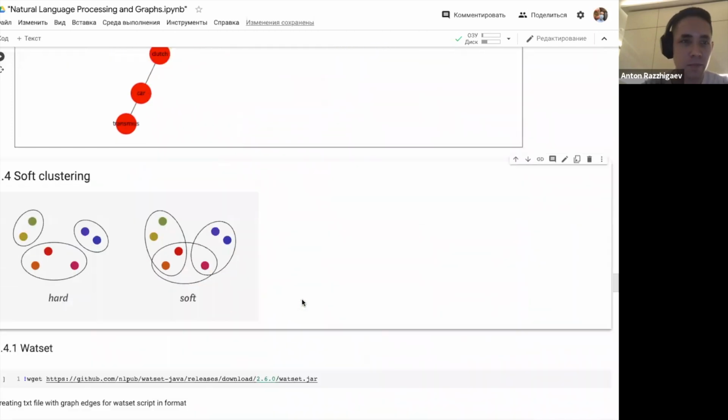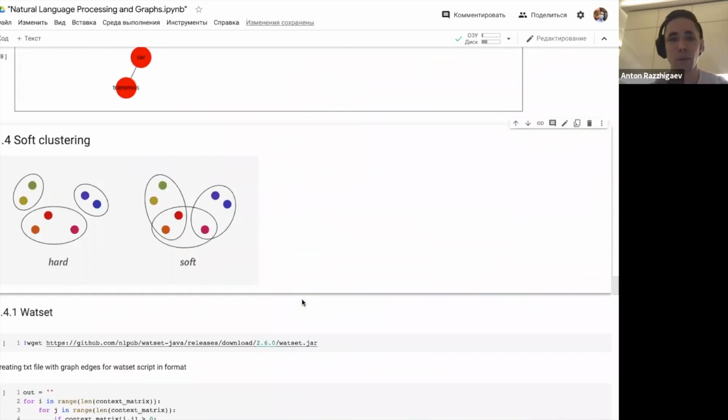Well, next. The previous two algorithms were about hard clustering. Hard clustering is a situation when we assign only one cluster to each node of a graph. So it is like the situation on the left of this picture.